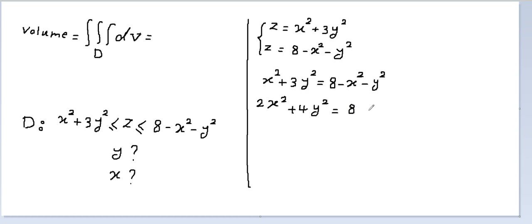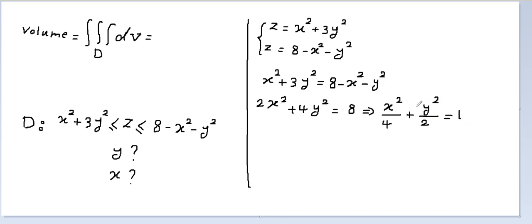And now you can see if we divide both sides of this equation by 8, then we have x squared divided by 4 plus y squared divided by 2 equals 1.